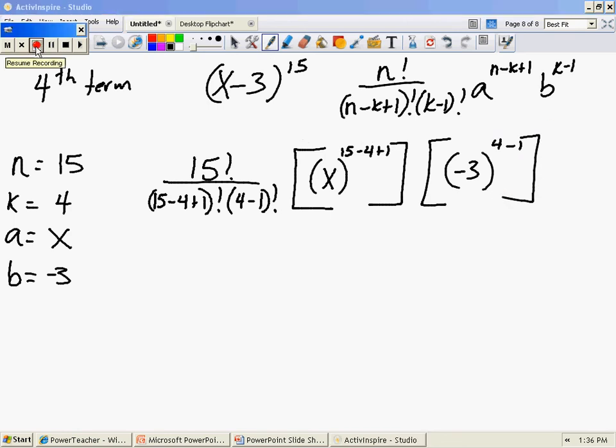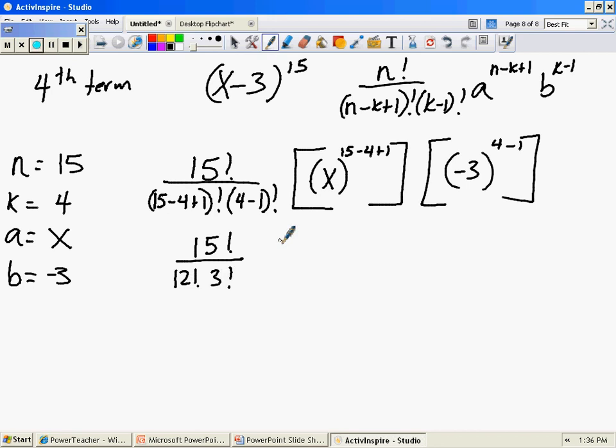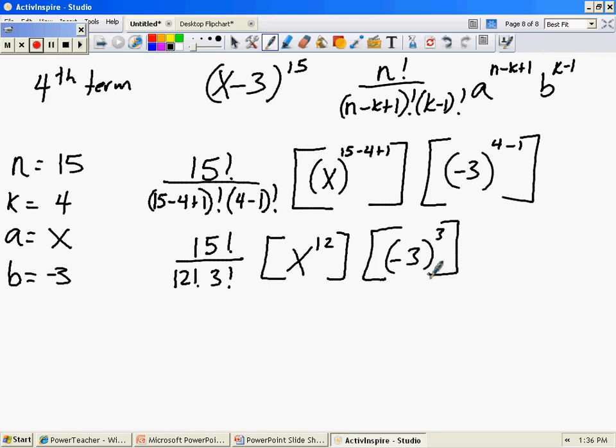Okay, so let's do our addition and subtraction here. Okay, now this 12 is going to take everything on the top off except for what? 15, 14, and 13.